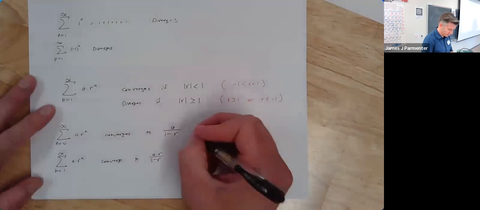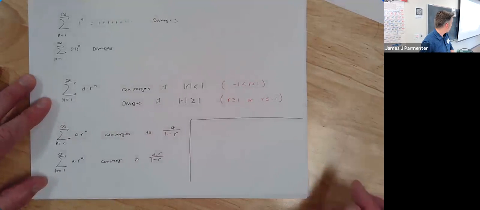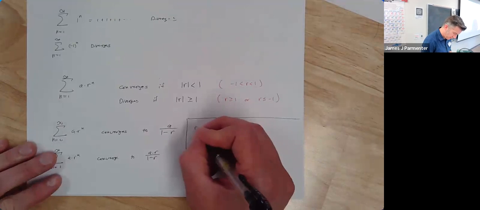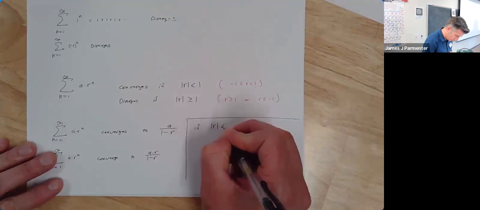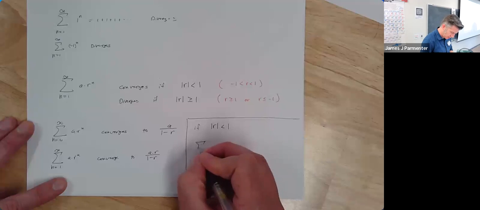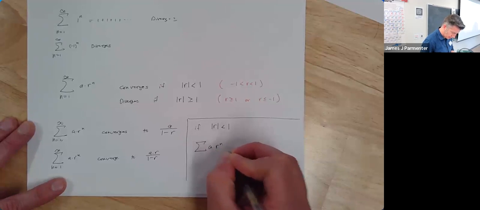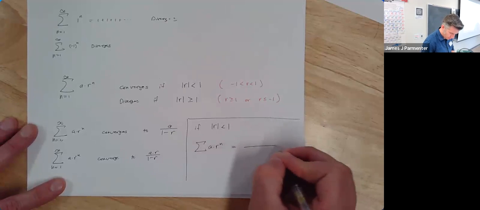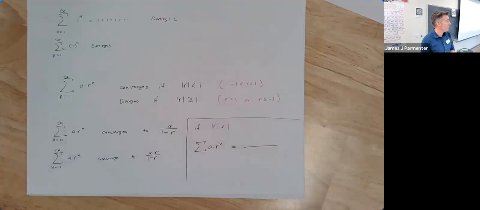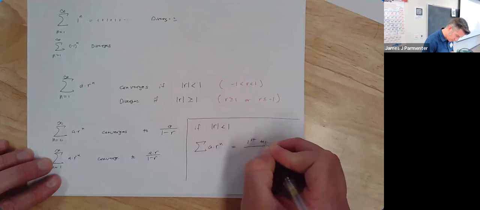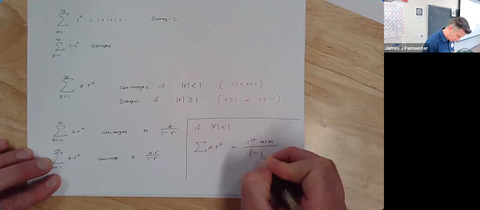But here's what I really want you to know, because this is the best way to do it. The best way to think about what a geometric series converges to, if it converges: if the absolute value of r is less than 1, then your geometric series, a times r to the n, converges to whatever the first term of the series is, divided by 1 minus your ratio.